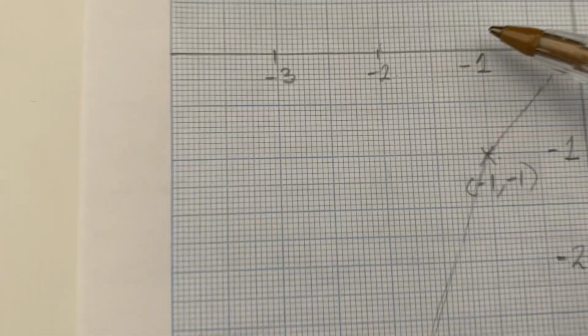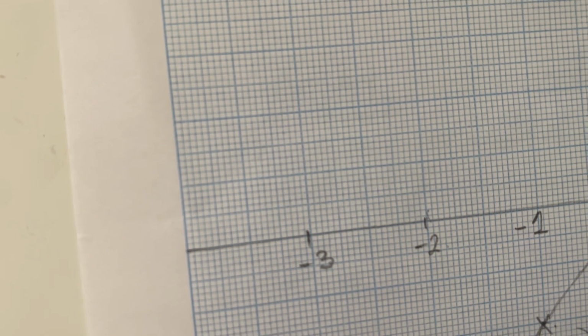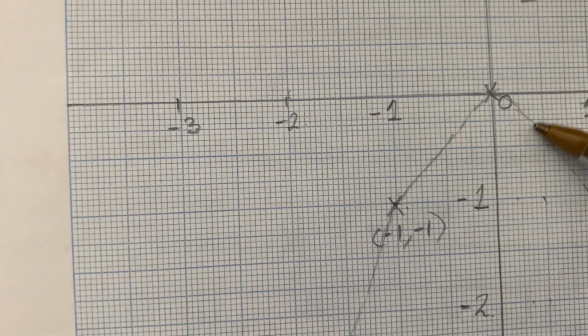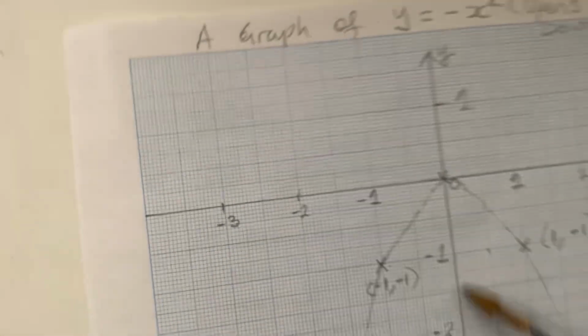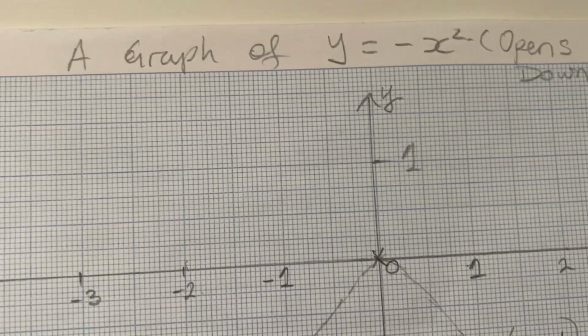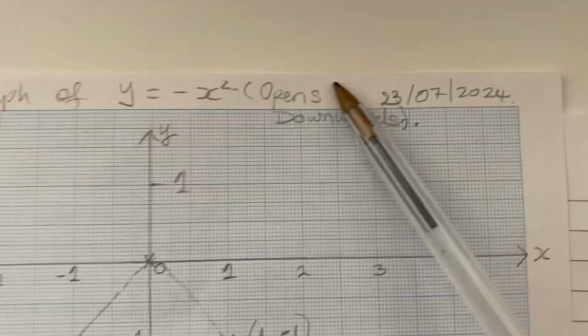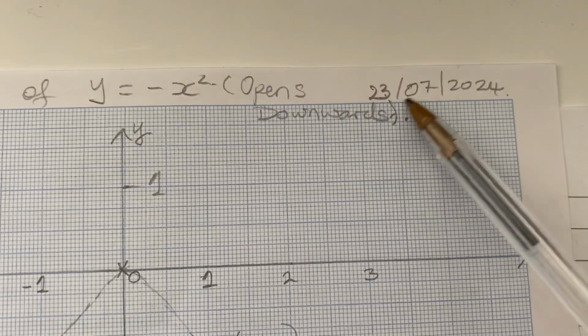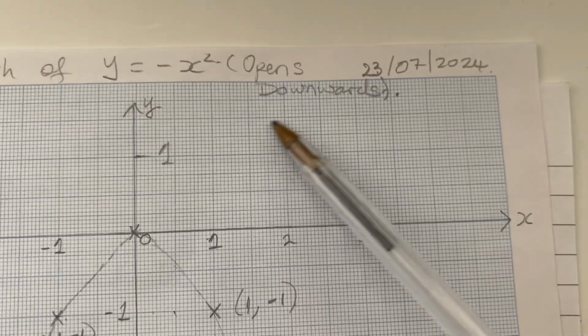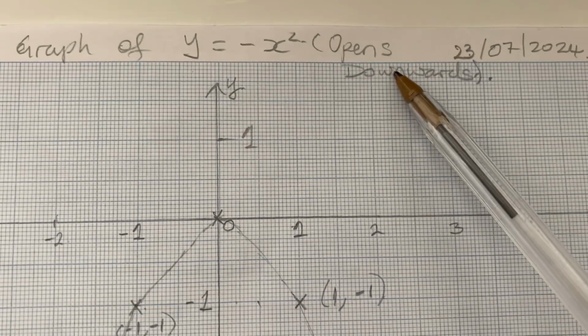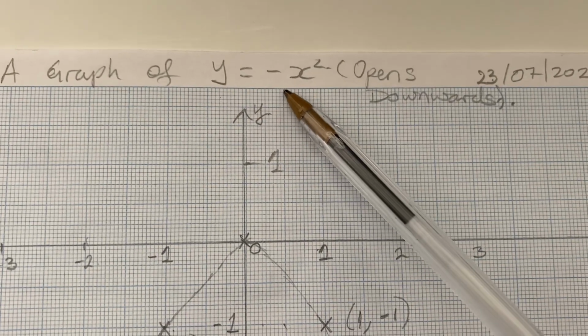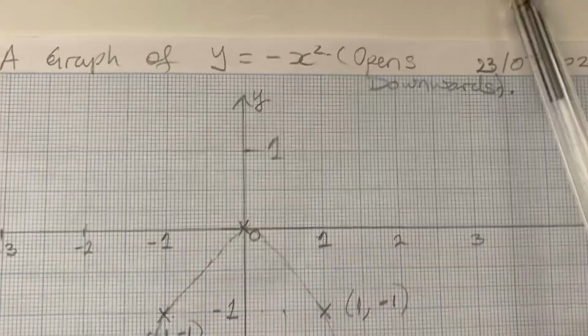So on the y-axis, I plotted from 1 because we'll use most of the negative side. To make use of the whole graph paper, first I gave a title and put the date. It's going to open downwards, so the graph is y equals minus x squared.